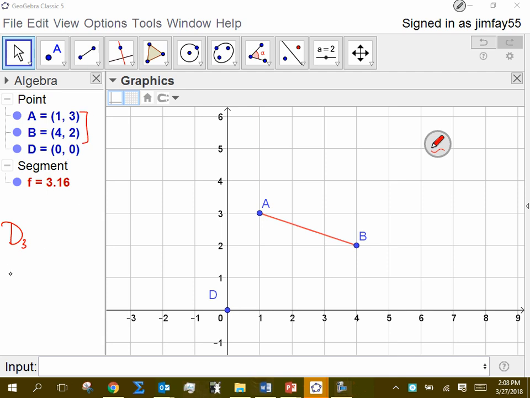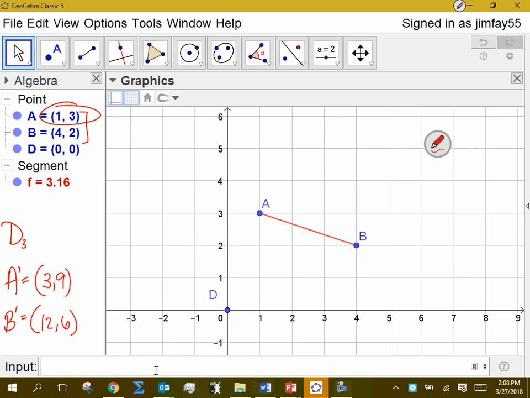What is A prime going to look like if I dilate this by 3? It's going to be 3, comma 9. And what is B prime going to be? 12, 6. So A prime is equal to 3, 9.